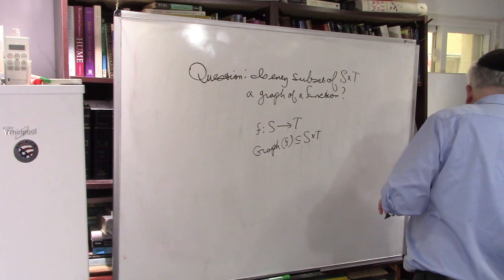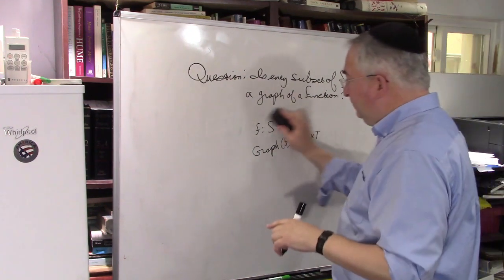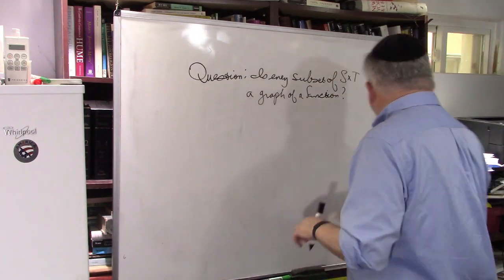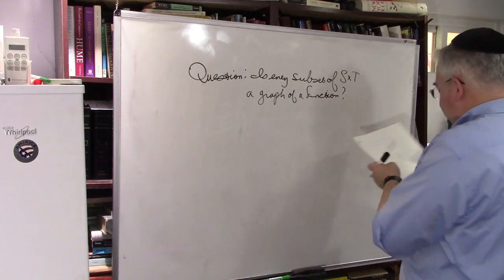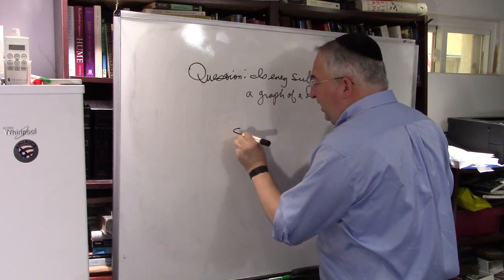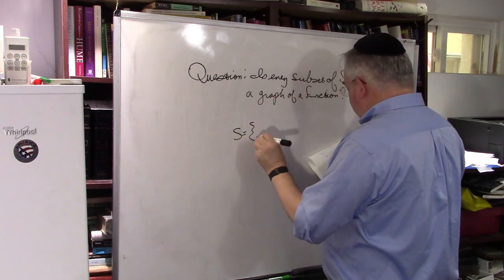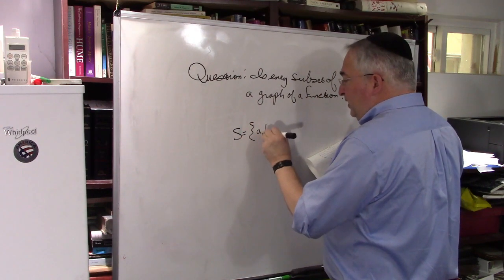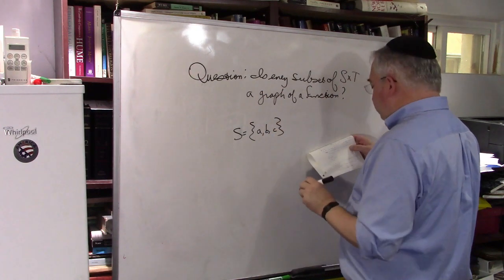Okay, so let me give you an example. I want to show you what makes something into a graph. Let's say S is equal to A, B, C. We just had that a few minutes ago.